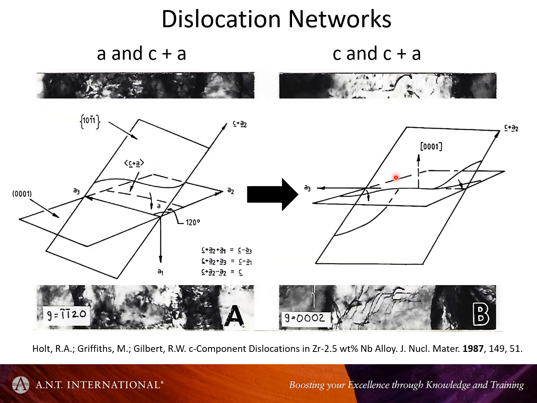What's interesting about the A and the C+A dislocations is that they're gliding on different planes. So if we look at the glide of an A dislocation on this plane and a C+A dislocation on a pyramidal plane, when they interact, they can form a low energy dislocation and a junction. And that junction very often is sessile, so you end up locking in a dislocation structure when you get slip on both planes.